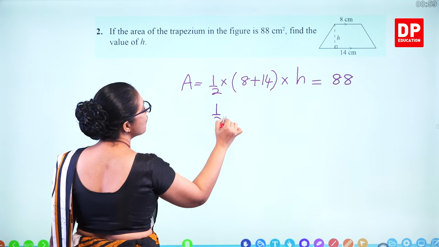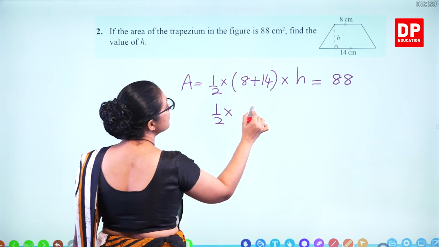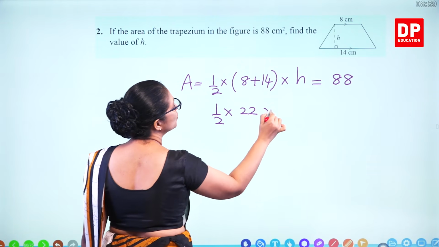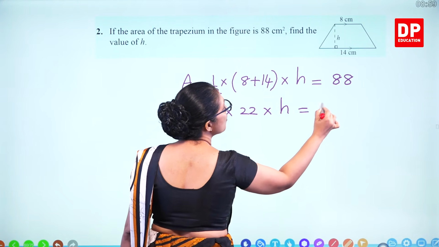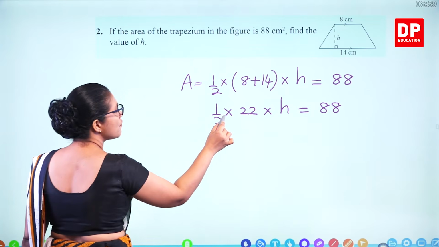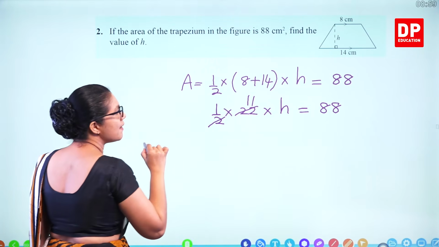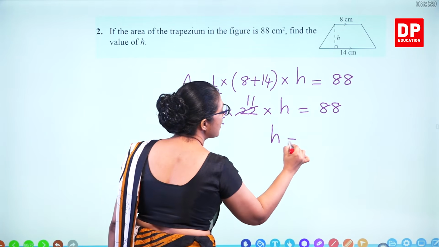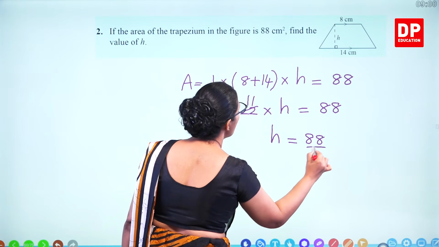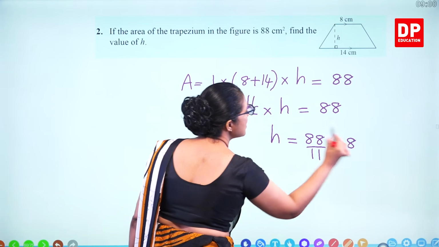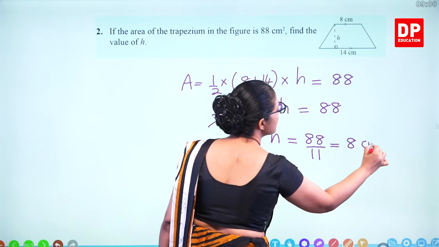So half of 8 plus 14, 22, h equals 88. Now divide by 2, you get 11. So h becomes 88 over 11, you get 8 centimeters.